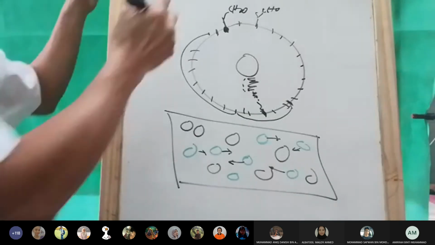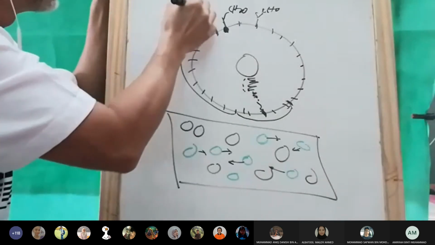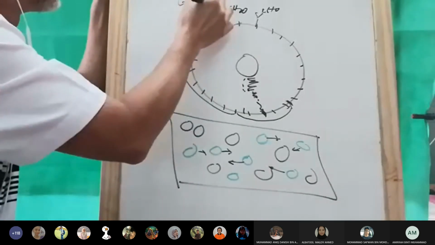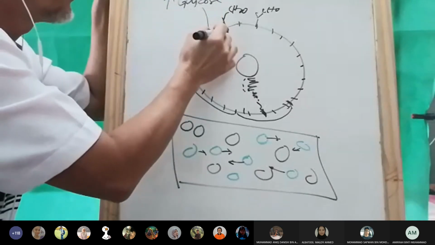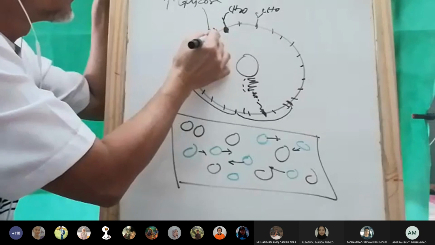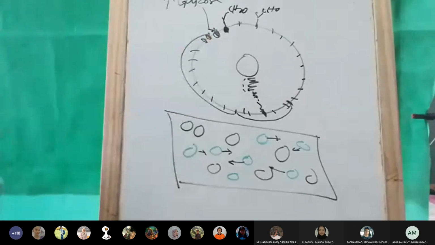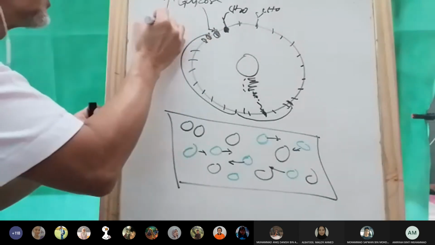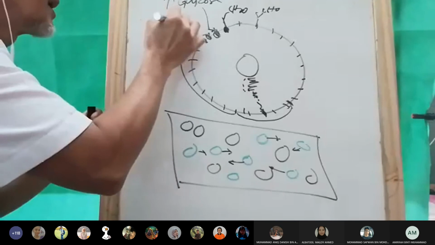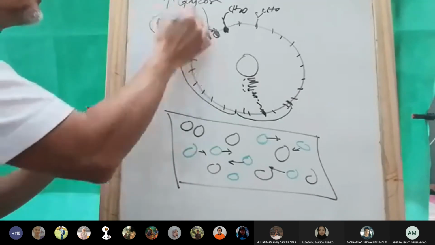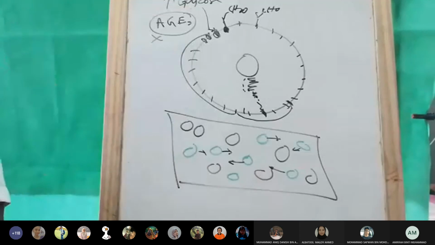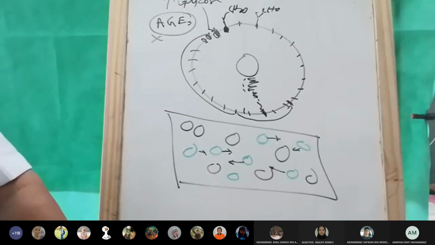But when you have an increased glucose level, it's going to interact with the proteins on the cell surface, and this interaction forms what we call advanced glycation end products. This is not a good product, so it causes a lot of problems.